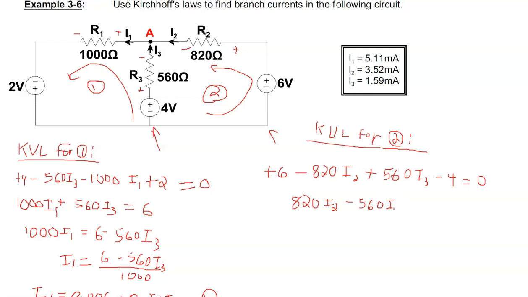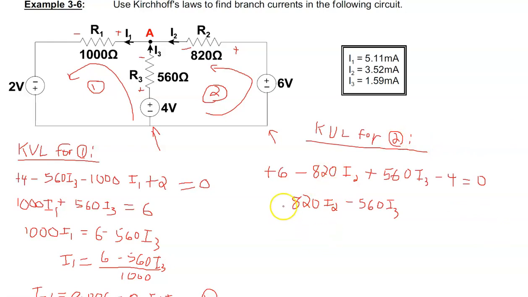And so remember, I changed the sign here on this term for I2, but you don't have to do that, right? Everybody has their own method of doing algebra. Once you have the KVL equation written, the simplification and the solution is kind of a personal thing, and not everybody does it the same. So you don't exactly have to simplify my way.